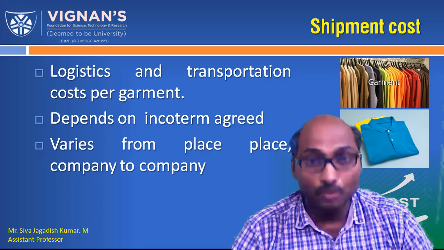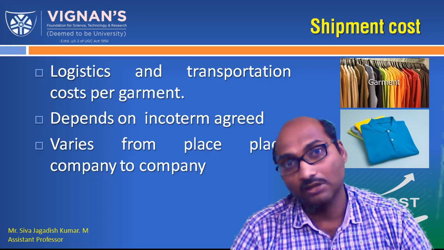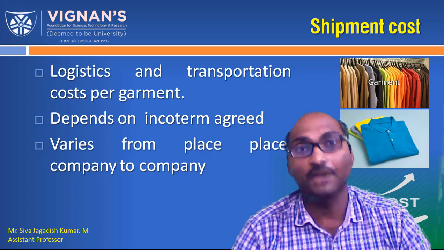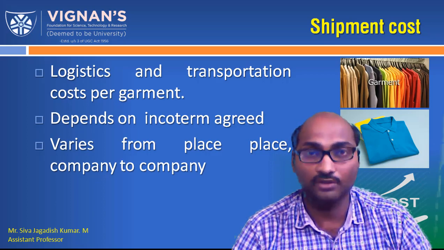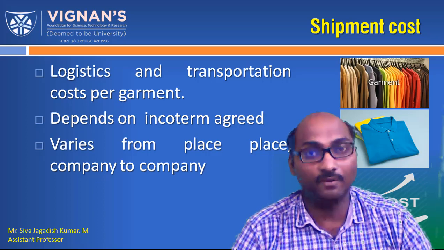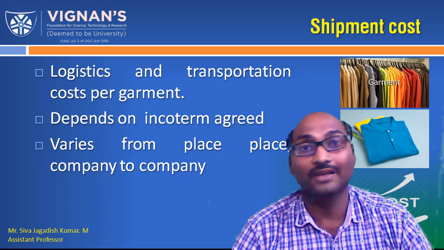Understood? So the shipment cost will be very high in case of DDP, somewhat lesser in CIF, somewhat lesser in FOB, and nothing in case of ex factory.